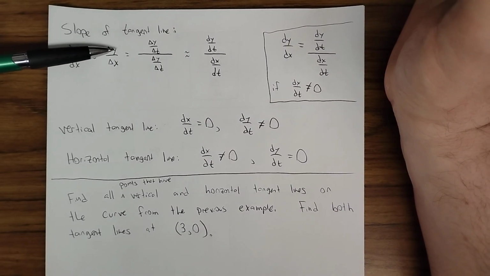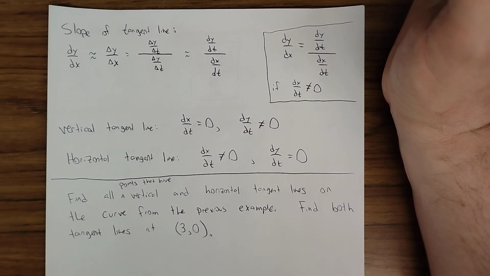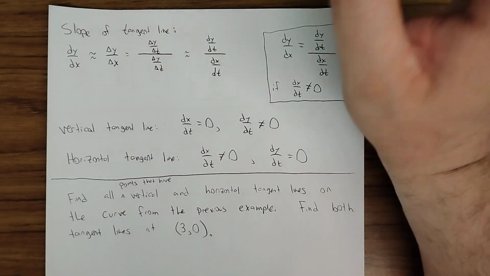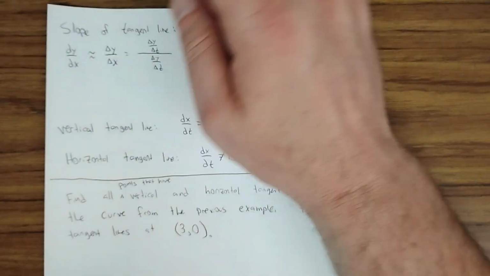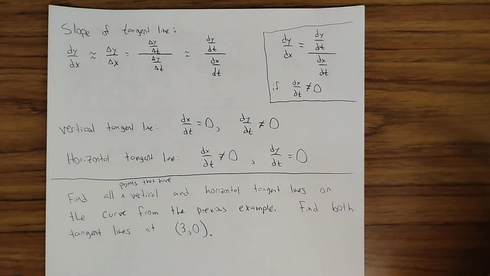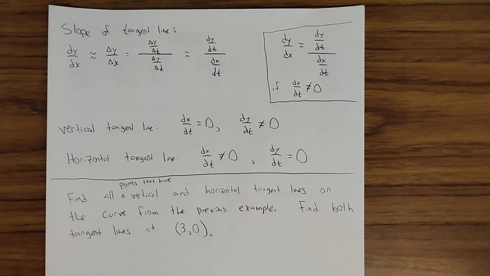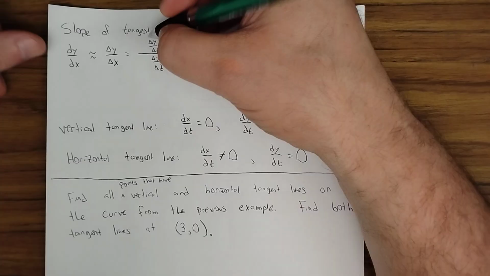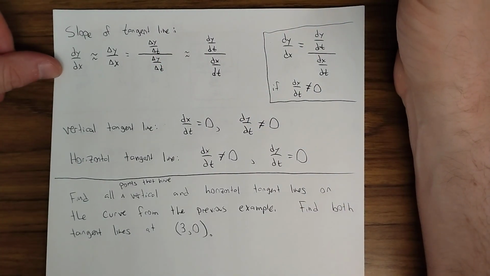So I'm just going to divide the top and bottom by delta t, like say my 2 points that I'm using to calculate delta y and delta x. Those correspond to different values of t if I'm on a parametric equation. So I can do that.